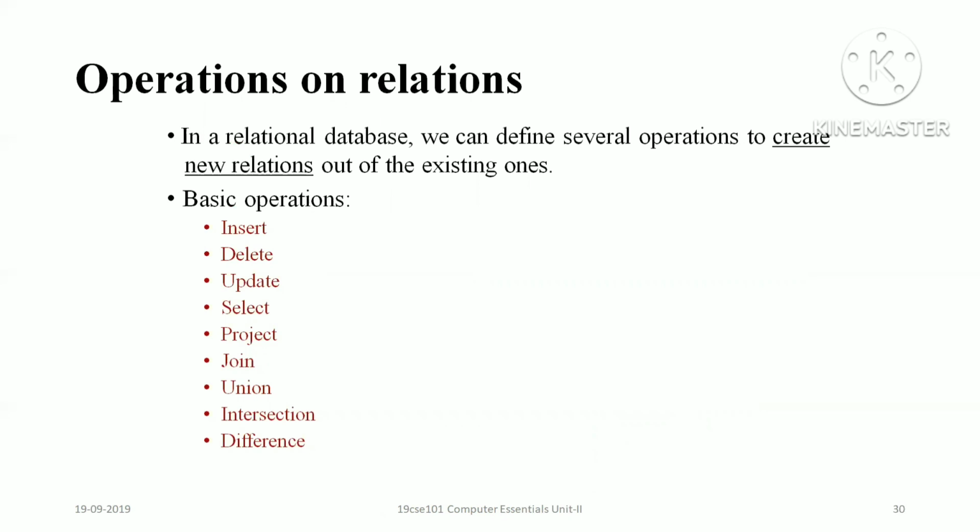In a relational database, we can define several operations to create a new relation. Among these, the basic operations are insert, delete, update, select, project, join, union, intersection, and difference.